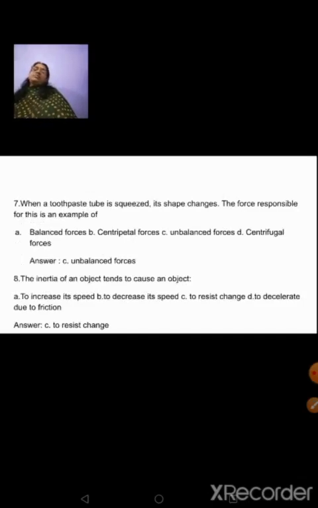This question is from your laws of motion. When a toothpaste tube is squeezed, its shape changes. The force responsible for this is an example of balanced forces, centripetal forces, unbalanced forces, centrifugal forces. So there is a change in the shape. That means what?